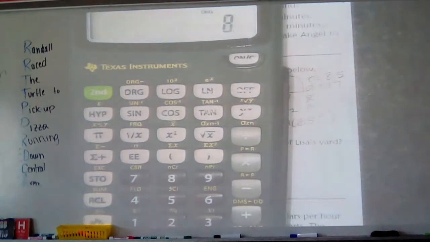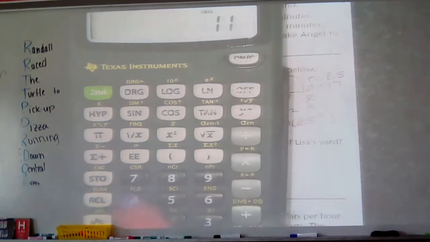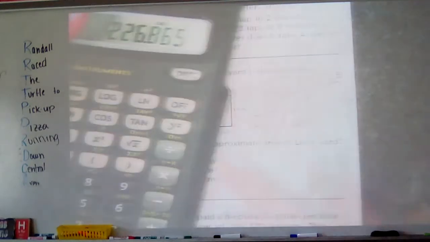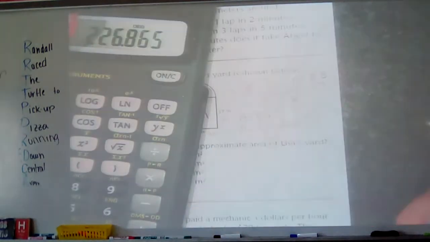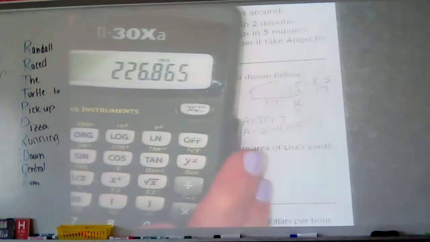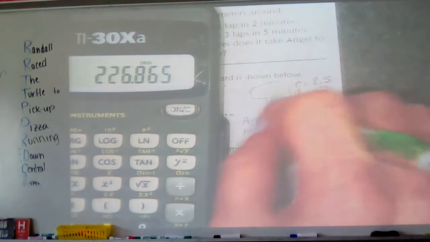So I have 8.5 times 8.5 times pi, or 3.14 is what we use for pi. So the total area of a circle with a diameter of 17 would be 226.865.